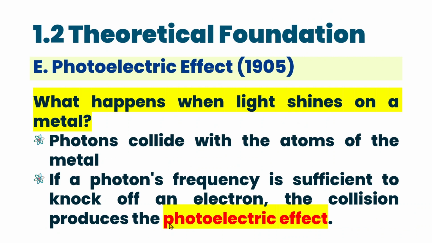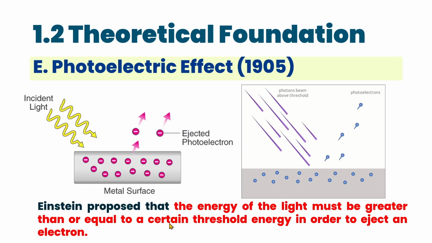Again, let's look back. What happens when light shines on a metal? Photons collide with the atoms of the metal. If the photon's frequency is sufficient to knock off an electron, the collision produces the photoelectric effect. Einstein proposed that the energy of the light must be greater than or equal to a certain threshold energy in order to eject an electron.